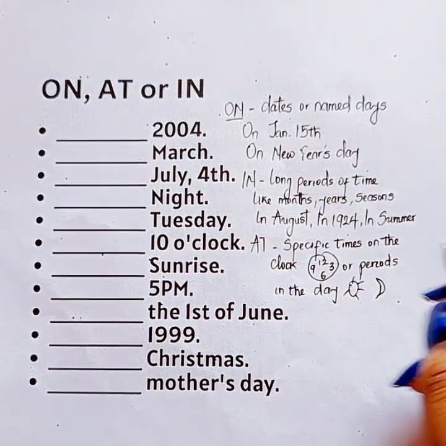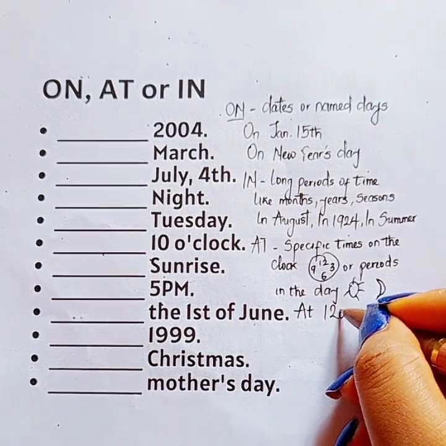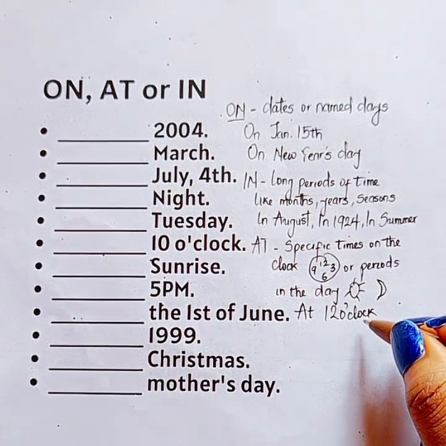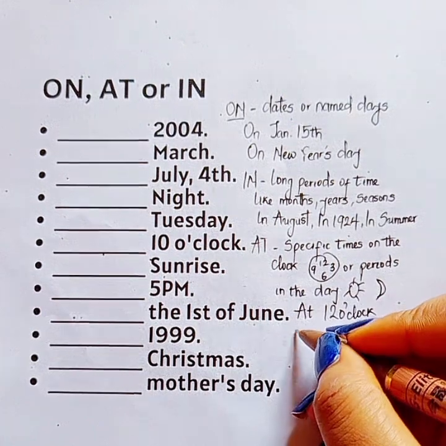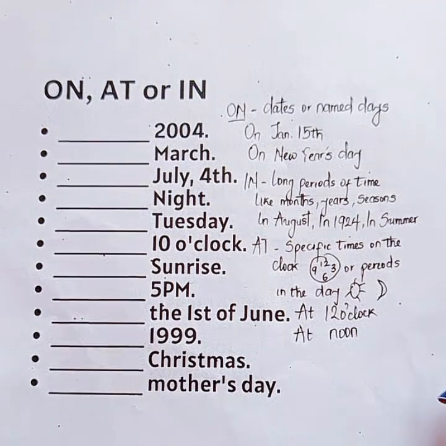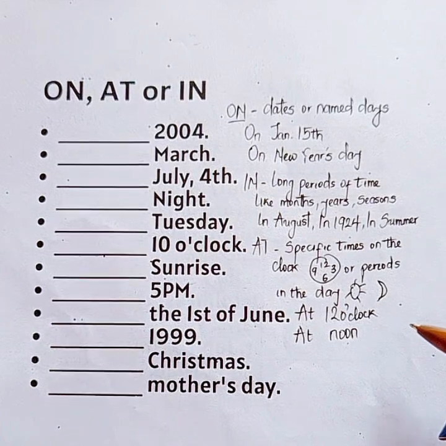For example, we have at 12 o'clock. This is a specific time on the clock. And we have at noon. So this is a period of the day or a period in the day.